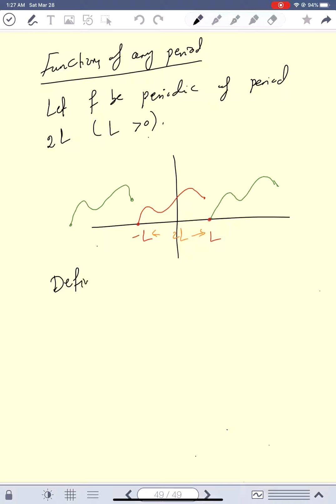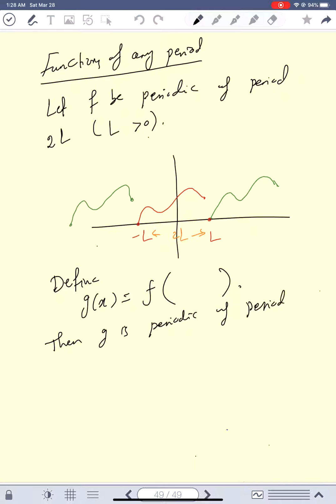We define a new function, call it g of x, that's equal to f of something, okay? But I want this function, so these parentheses are empty because I want to construct the function g so that g is periodic, this is what I want, of period 2 pi.